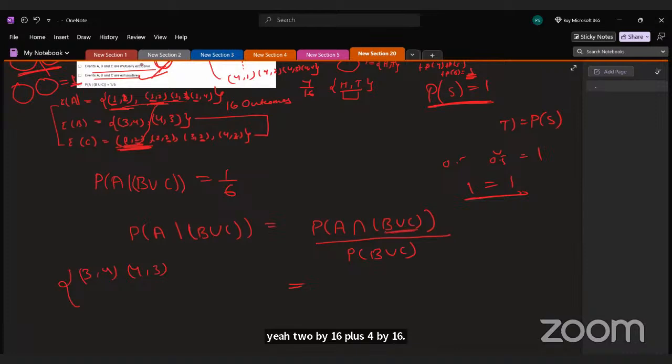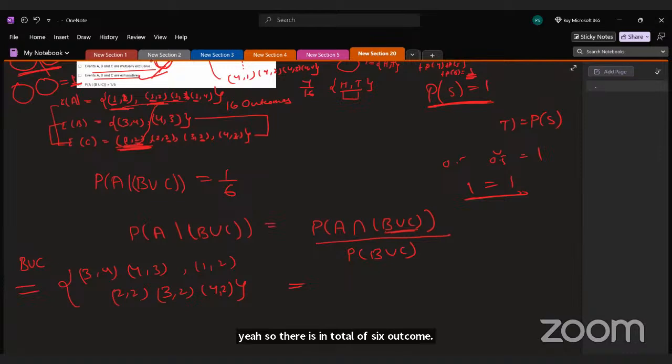We are doing the set union, merging these two sets. Then 1, 2, then 2, 2, we got 3, 2, then 4, 2. This is the B union C. We missed one. So there are in total 6 outcomes.